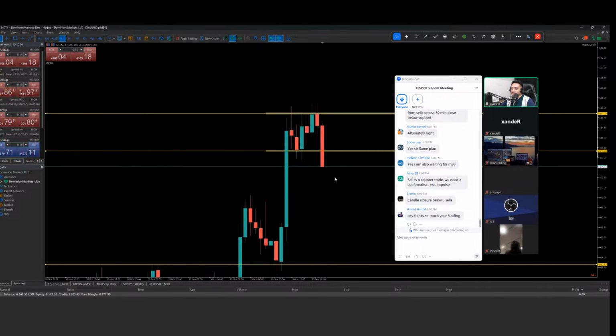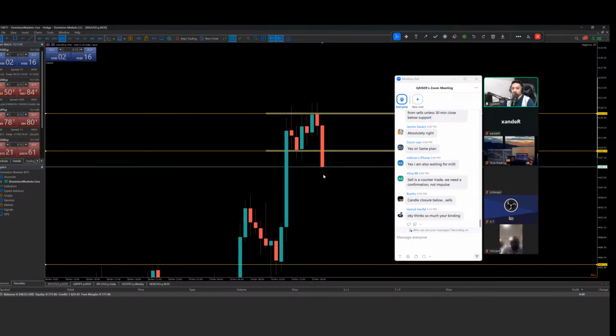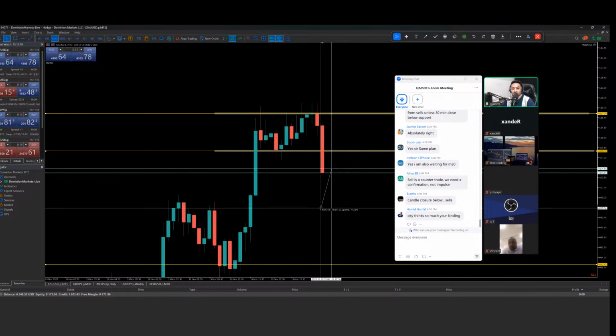Okay, wow, pushing to the downside doesn't matter, but we need to stick with the plan. If it's continuously pushing downside, I'm not worried about it. I will stick with my plan. If I want to take a side, I would like to see a candle close below the support. If I'm going to execute with the M15 time frame, I would like to see this candle close below the support, and the next candle should create a wick and break the low so I can give my trade a chance.